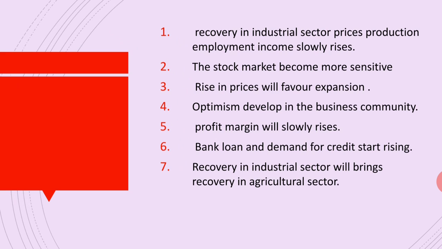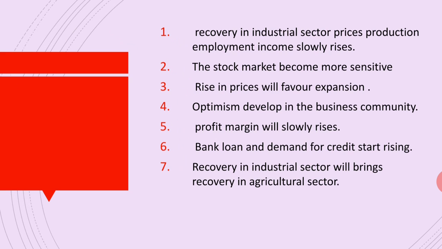And when optimism increases, production increases, prices increase, profit margin will slowly rise. Yes, definitely. When production increases, income of the people increases, their expenditure increases, the profit margin of the entrepreneurs or producers will slowly rise.